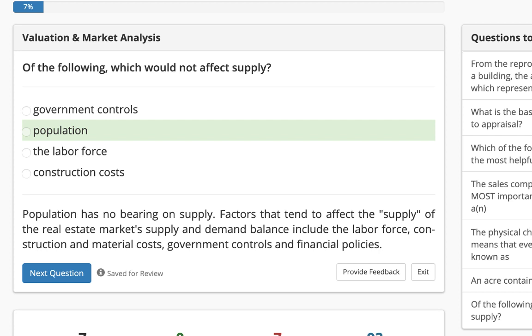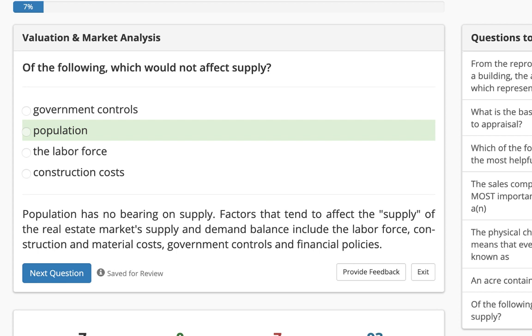So when we're talking about things like supply and demand, those are usually economic concepts of the production and distribution of goods and materials.